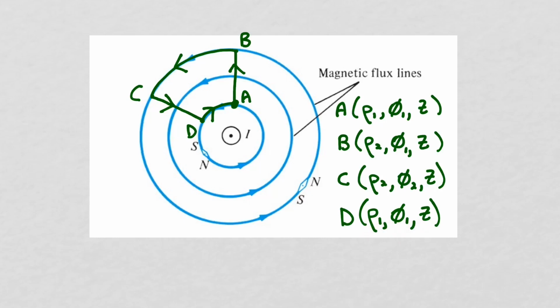So this particular path of integration is in the same plane because A, B, C, and D all have the same z values, but we'll quickly see that it wouldn't matter if these z values were different.